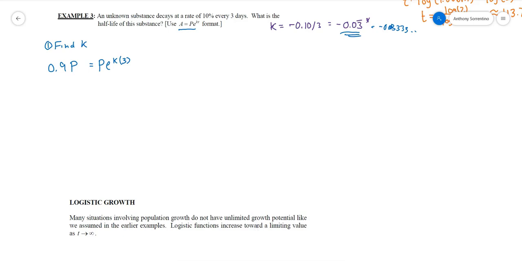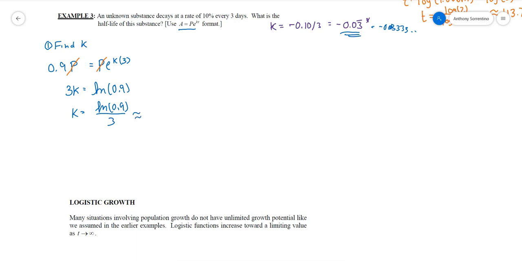Now, of course, as I carry through the solution process to figure out what k is, the P would cancel. I would have now that 3k would equal the natural log of 0.9, which means k would be the natural log of 0.9 over 3.